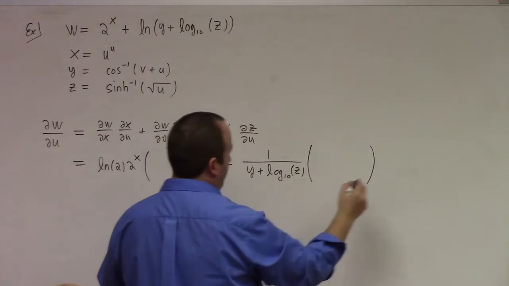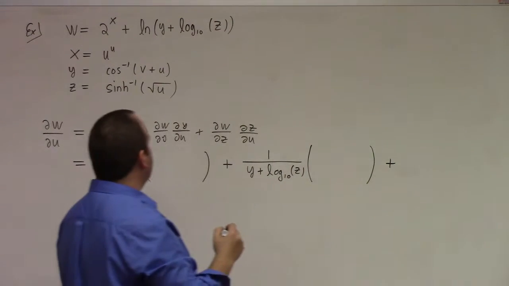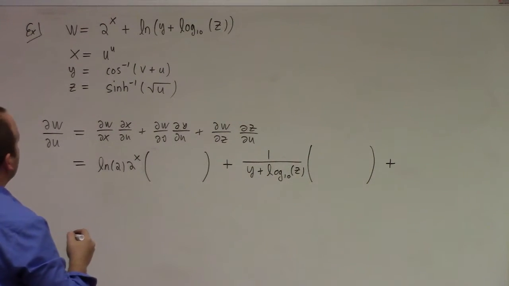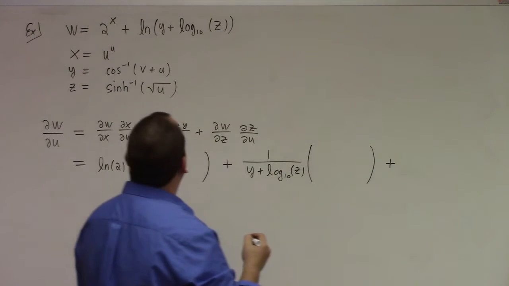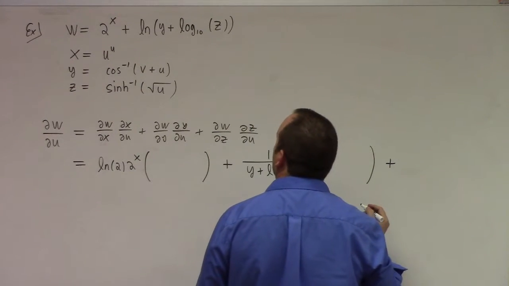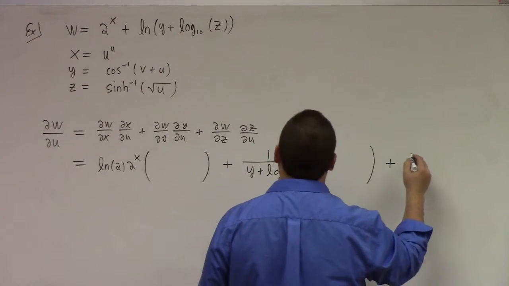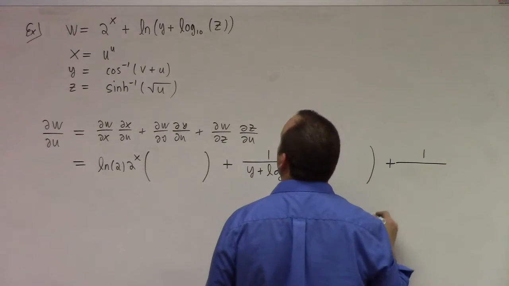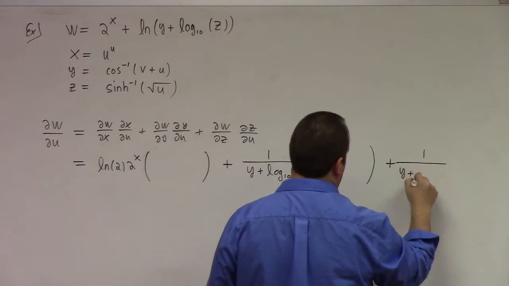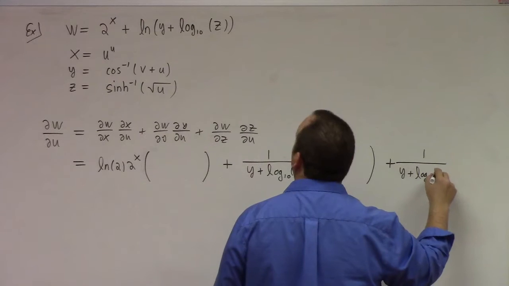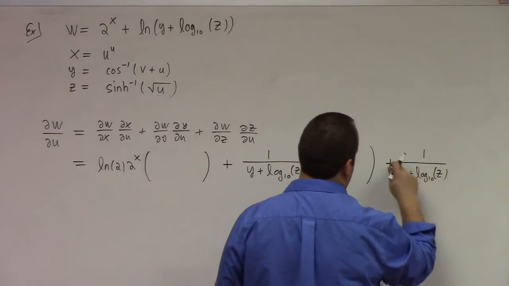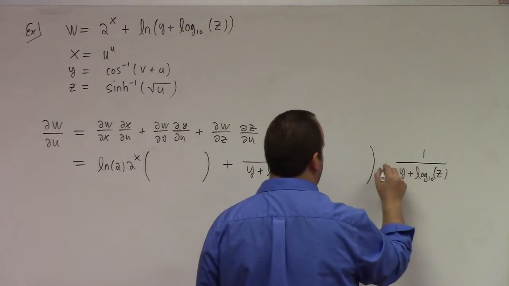All right. And then partial w, partial z. Oh, yeah. Very good, very good. So 1 over y plus log base 10 of z. What's the derivative of log base 10 of z with respect to z, guys?